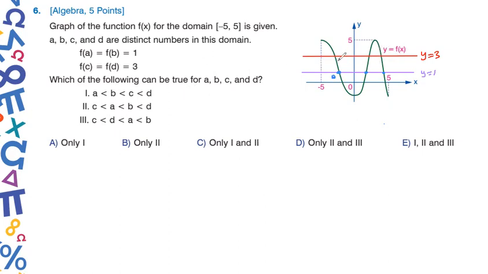F of C is this, so C is going to be the intersection of this line with the graph, which is going to be this point and this point. To achieve the first condition, I could choose A to be this number, and then B is this intersection, the X value, and then C is this one, and then D is the last intersection.